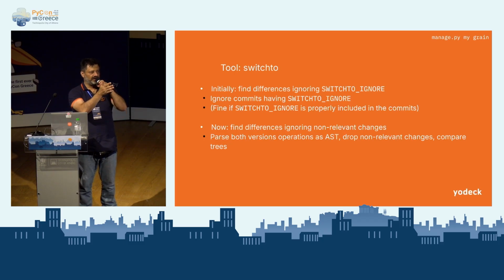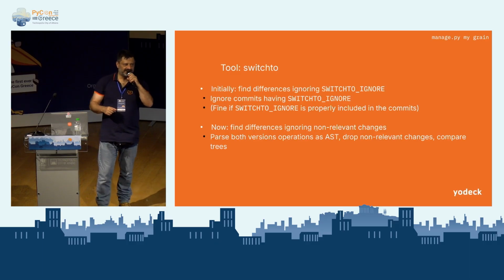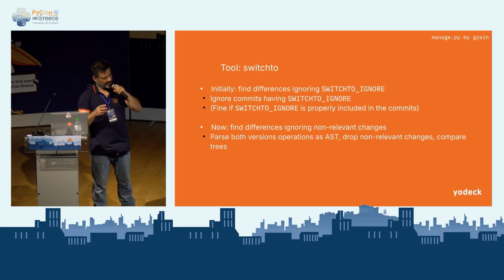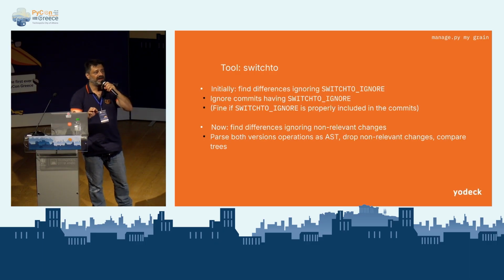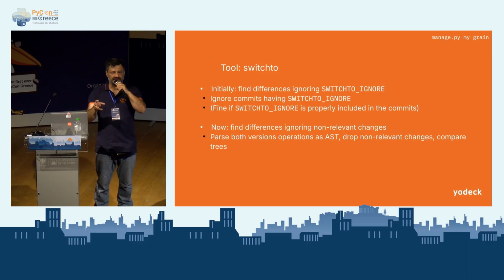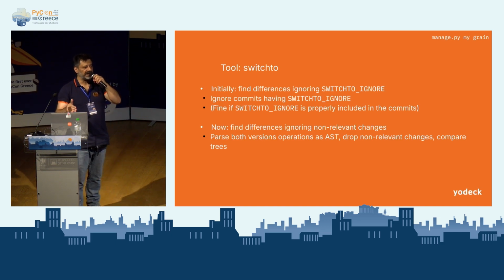We take all migrations that have changed between the two branches, we parse them, and we make an AST. We remove any operation that does not affect the database, like changes of the choices of a column. And then we compare the two trees. And if there are changes, then we know we have to go back to the immediate parent of both versions of a transaction.